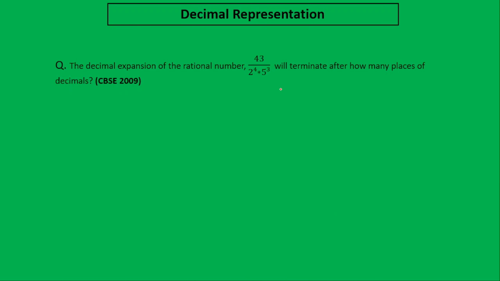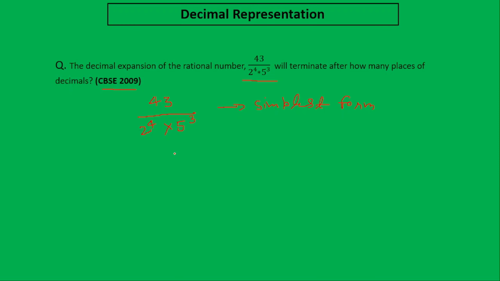Now this is a CBSE 2009 question, Indian school examination, 10th board. So the question is different. The decimal expansion of the rational number will terminate after how many places of decimals? To do that, first of all convert it into simplest form.